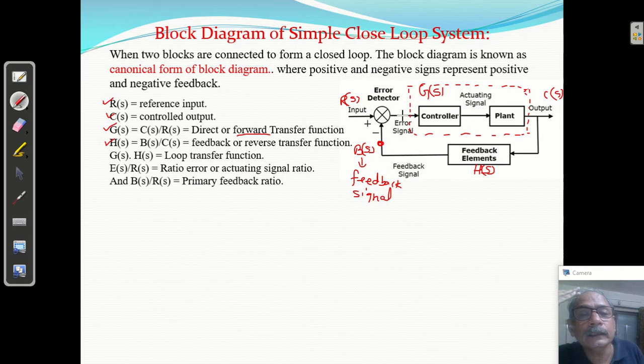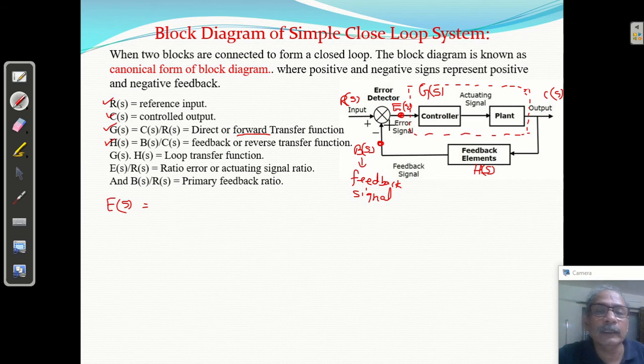And this signal here is known as the error signal, E of S. These are the things I will discuss later on. But first of all, we will find E of S. What is E of S? The error signal E of S.